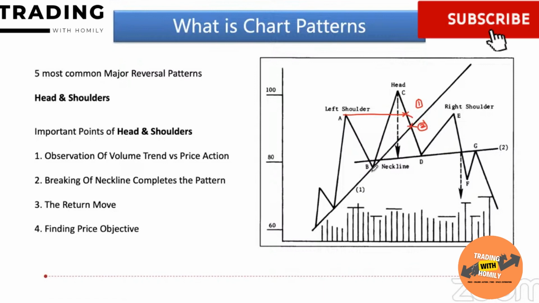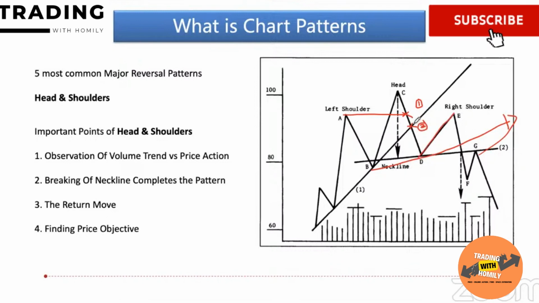Now, the next thing, after the neckline is confirmed to be formed, you draw this. Okay, this is not very accurately drawn, disregard it. Then when it goes up, you probably want to do a quick swing trade. You know that this is one of your targets.